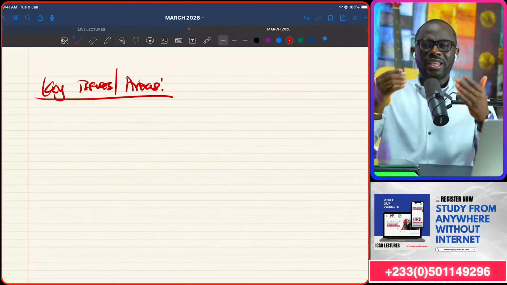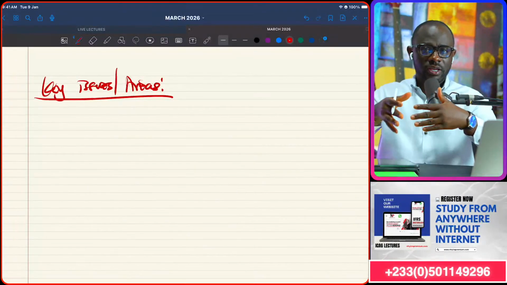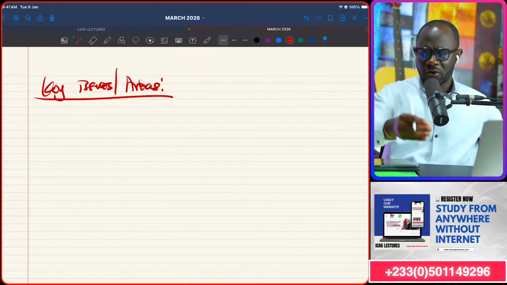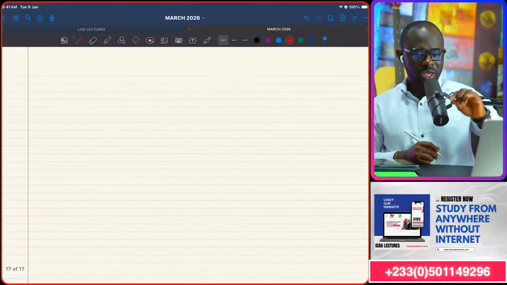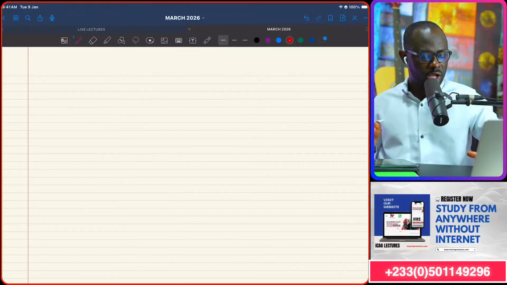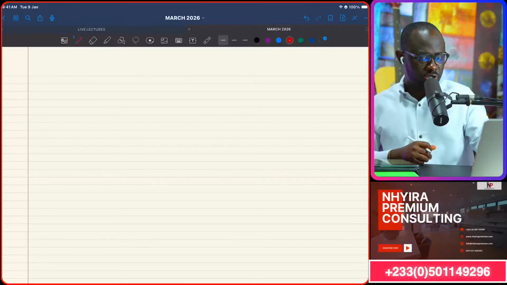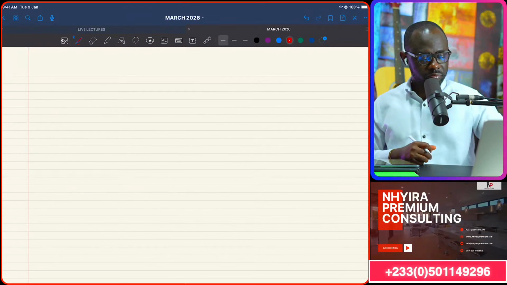So what are those key pillars holding the various subjects in the ICAG that you have to really focus on to increase your chances of passing the examination? Let me hear from you. Let me know the subject you are writing. I may not be able to cover all the subjects, but let me know the subject you are writing, maybe in the comment section or the chat box.